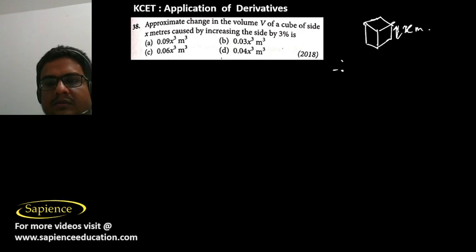Now therefore, the new side length is equal to x plus 3% of x, that is equal to 1.03x.